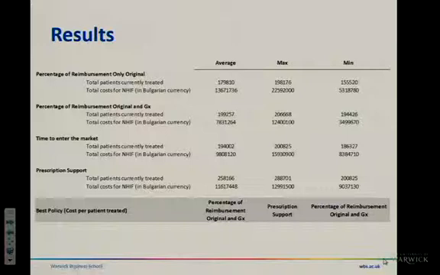One is the percentage of reimbursement only for original drugs. The other policy was the percentage of reimbursement for original and generics. The other policy was how you can facilitate time to market, the approval of new drugs.